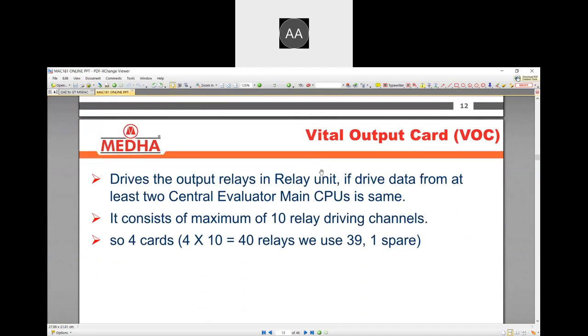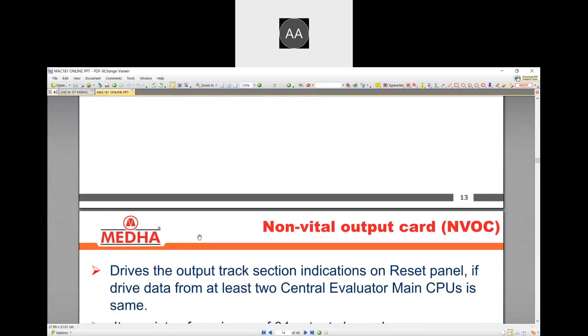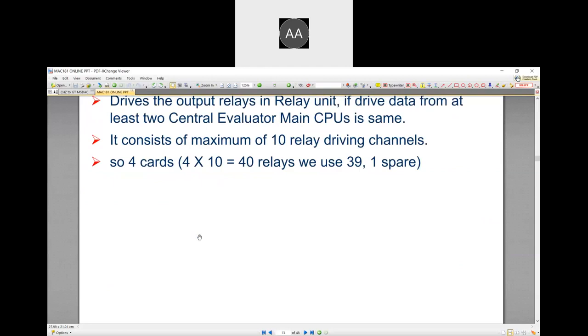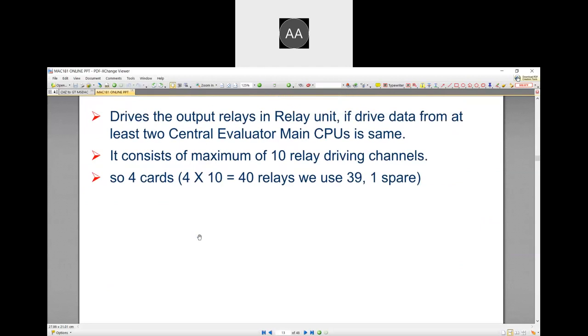As the number of track sections is 39, we will have vital output cards in order to drive the relays, and a single vital output card can drive 10 relays. So as per the requirement, 4 cards will be used as vital output cards. So 12 vital input cards and 4 vital output cards is the capacity of the system.